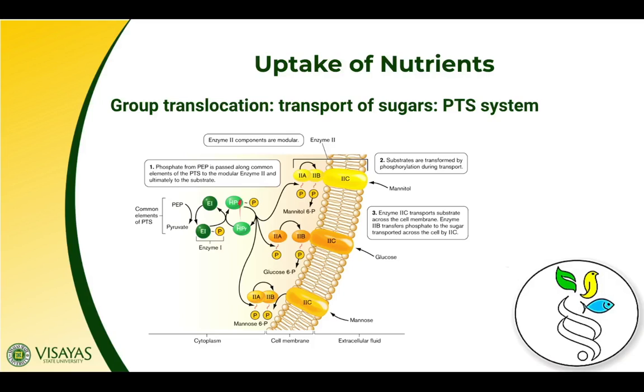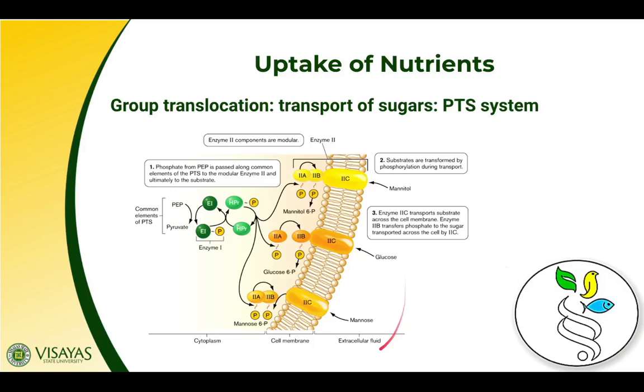So say for example in here, enzymes 2A and 2B will then be phosphorylated. Now, as the sugar is being transported, enzyme 2C will transport the substrate, it could be mannitol, glucose, or mannose, across the cell membrane. And enzyme 2B transfers the phosphate to the sugar that is transported into the cell by 2C.